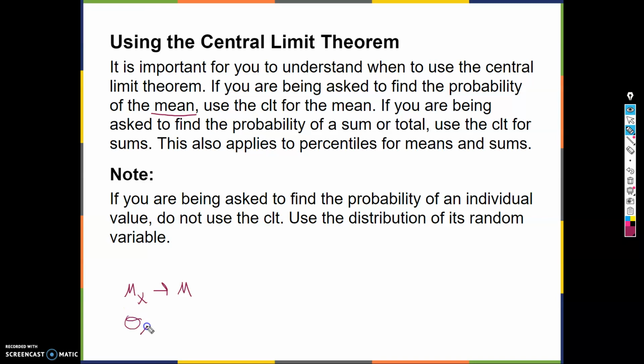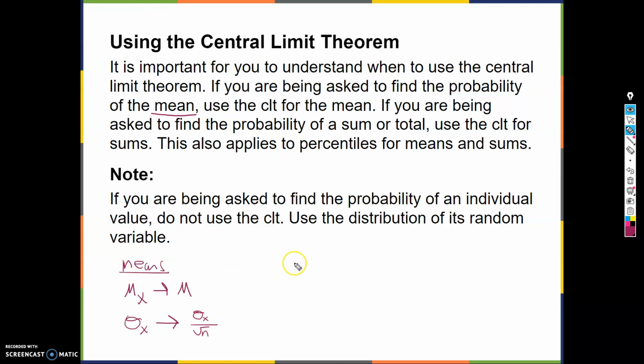Your standard deviation, however, goes to the standard deviation divided by square root of n. So your new mean for your sample distribution of means is the same. Your new standard deviation is the standard deviation divided by square root of n. So this is for means.